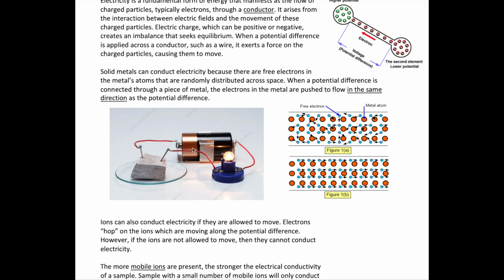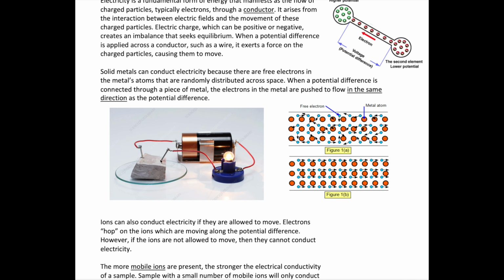We can see this pretty clearly in this example. Here we have a battery where one side is positive and the other side is negative. The battery is connected in this circuit where the negative side is connected through a small light bulb, and then this is connected through a piece of sodium metal, and the other side is also connected to that same piece of sodium metal, thereby forming a circuit.